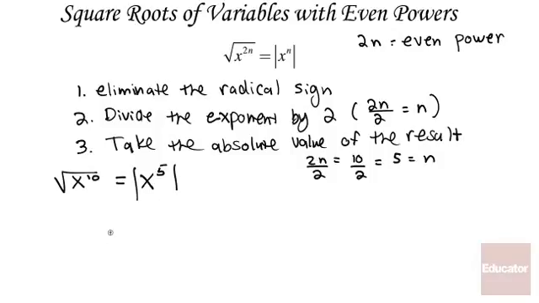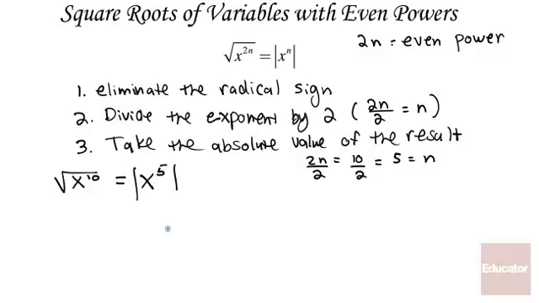The reason has to do with the definition of radical. As I mentioned, when you see that radical symbol, it's telling you to take the positive or principal square root of the expression. However, if I don't use the absolute value, I could end up with a negative result. Here's how. If you have a variable, it's representing a number, but you don't know what number it's representing.